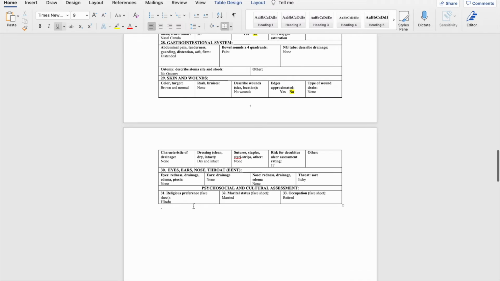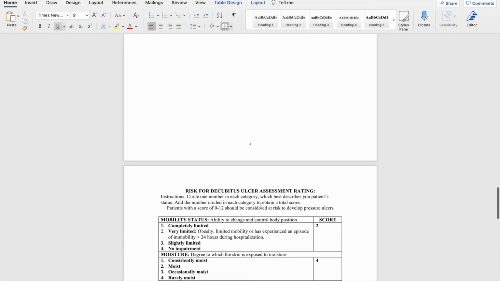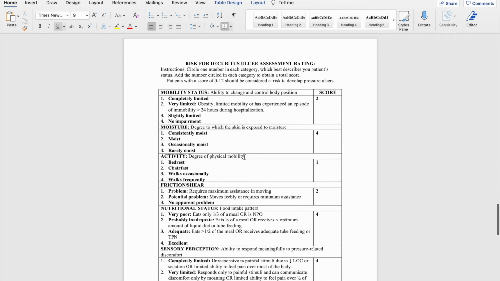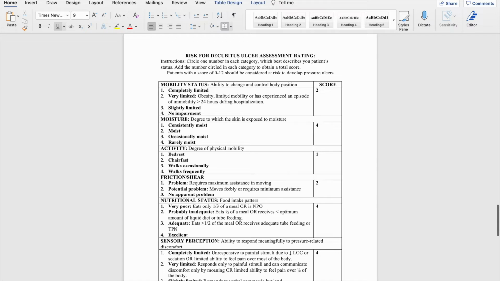This was her psychosocial, her religious. She was Hindu, she was married, and she's retired. As I mentioned, this was 17. So her mobility was very limited. We saw her BMI was slightly high, so she was obese, but hence she scored a 2. She's rarely moist.